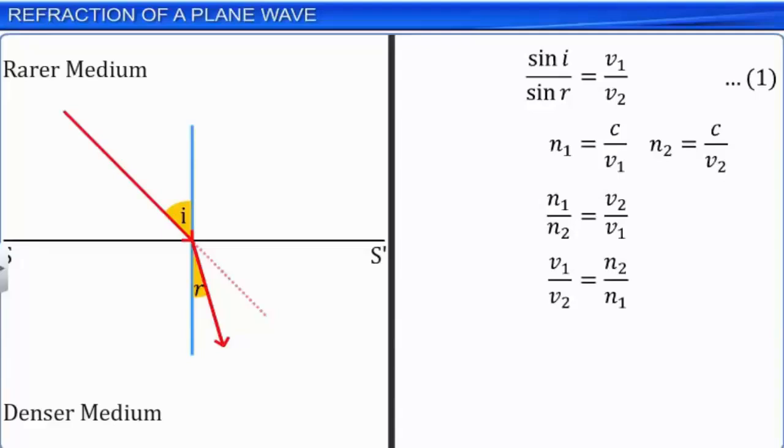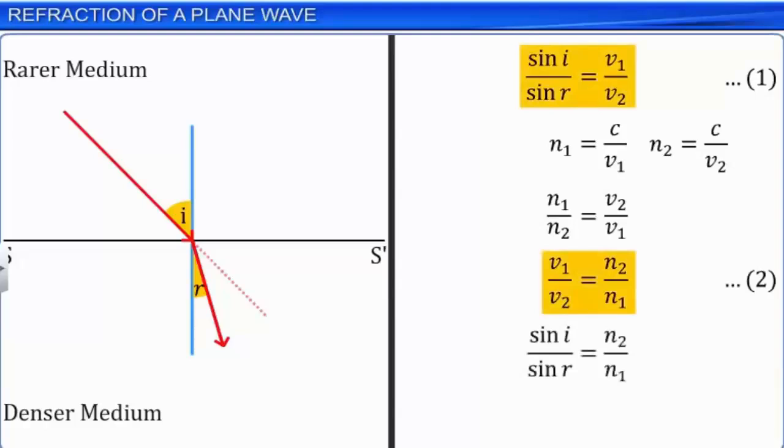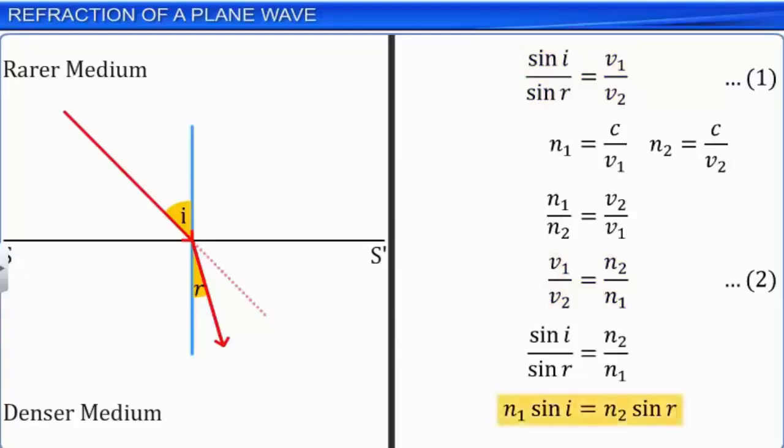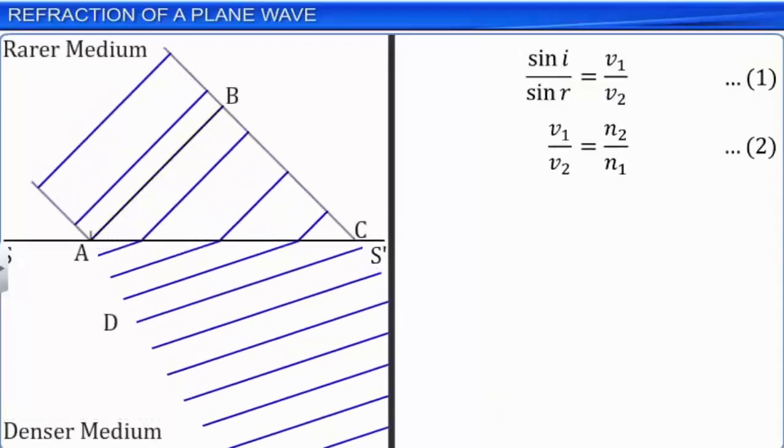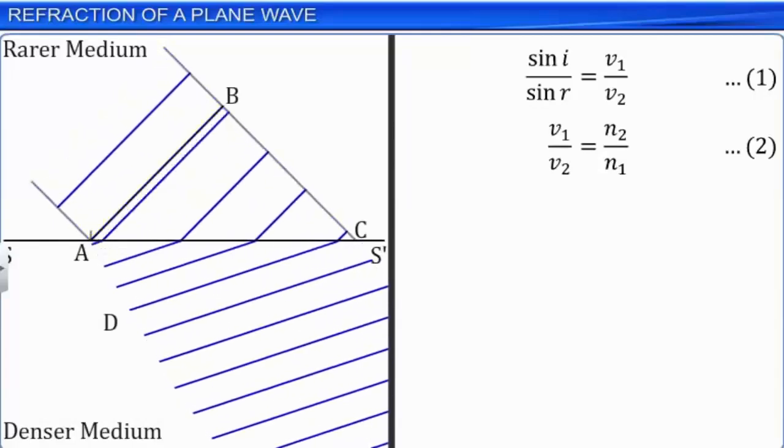Let this be equation 2. From equations 1 and 2, we can write sin I by sin R equal to N2 by N1. This can also be written as N1 sin I equal to N2 sin R. This is Snell's law of refraction. Let us now consider the refraction of successive wavefronts at the interface SS'.